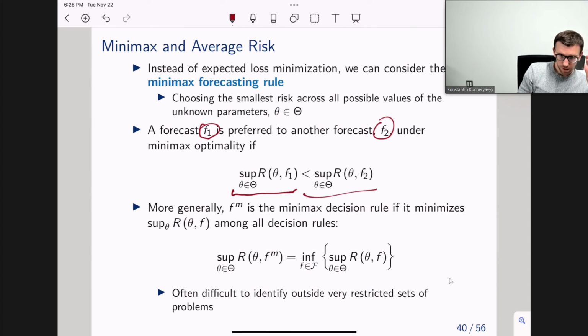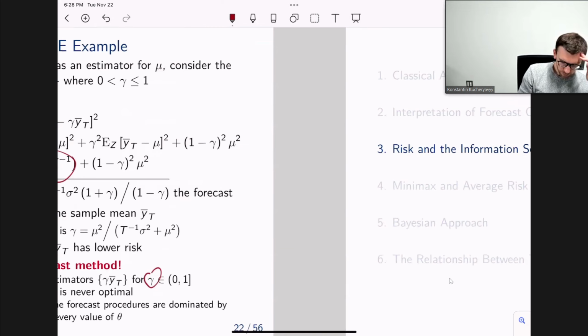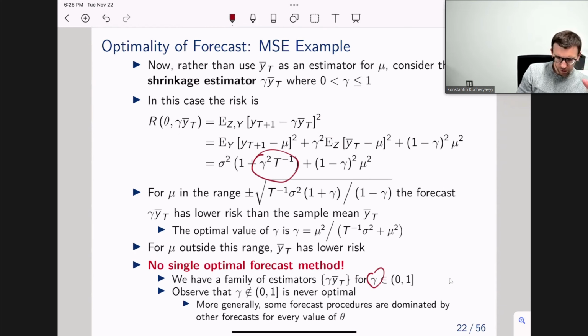So why do we start talking about it? If we go back to this example, we saw that depending on the value of mu, there is no single best forecast. But at the end of the day, we need to come up with a forecast. We don't know the true mu, and we need to come up with the best forecast as best as we can. So what do we do? We don't know mu. We need to make some decision.